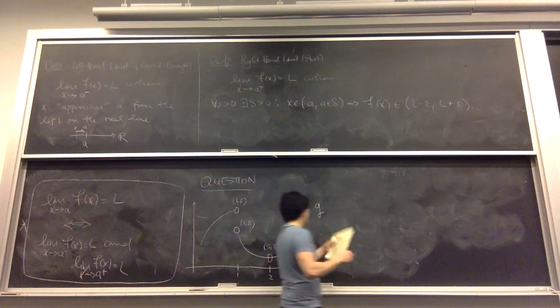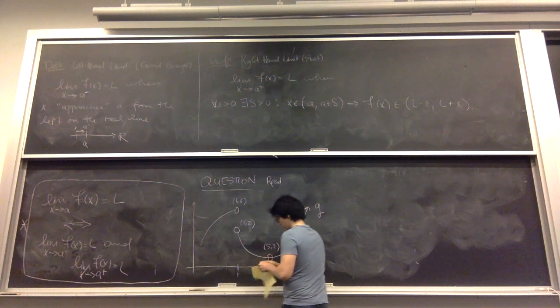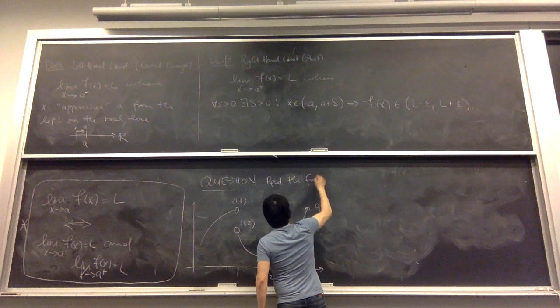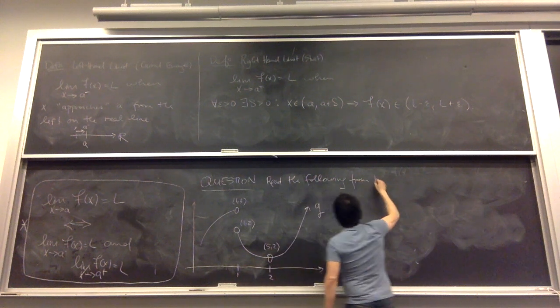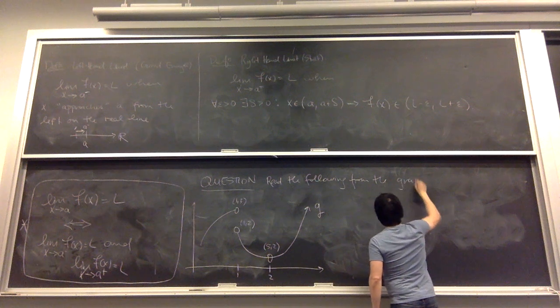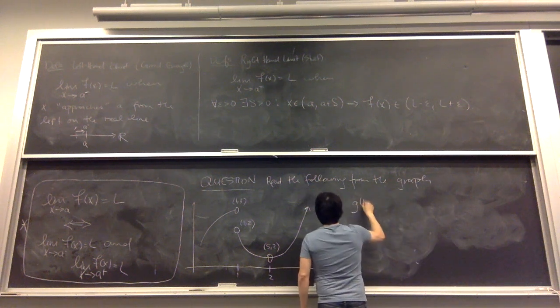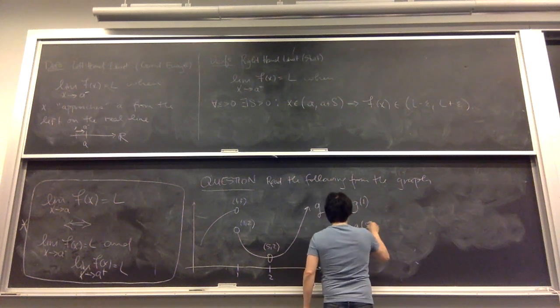Read the following from the graph. All right. g of 1. g of 5.